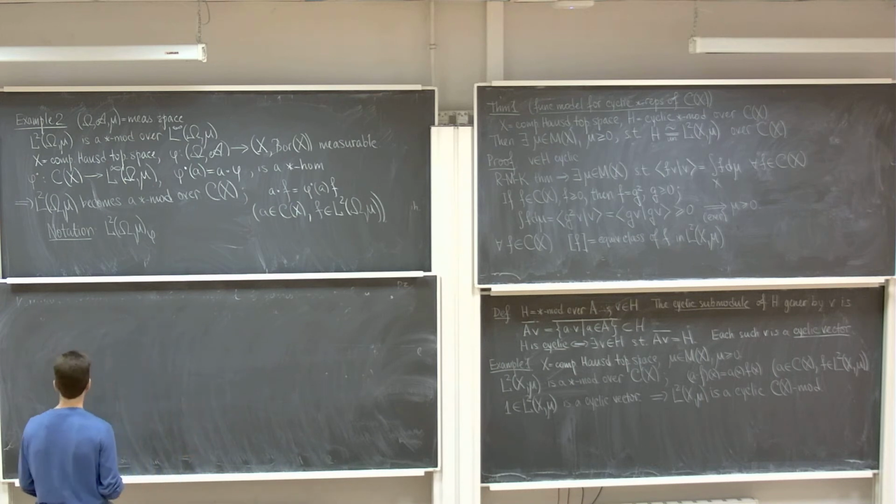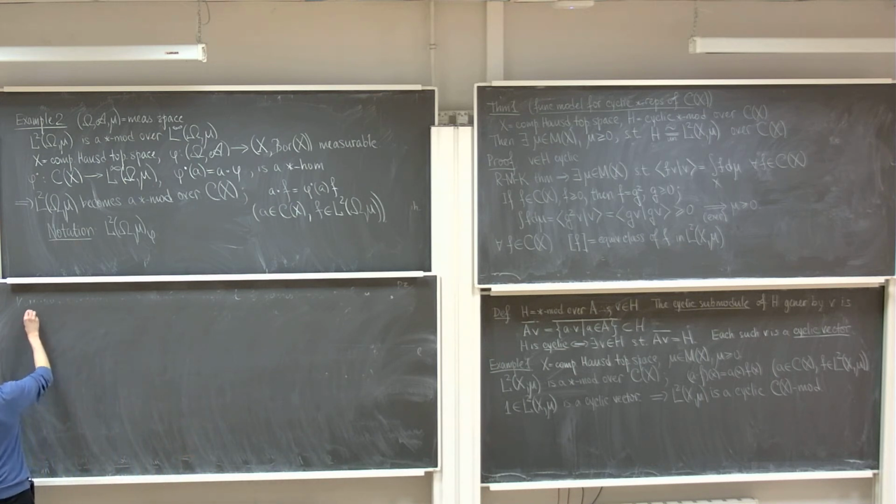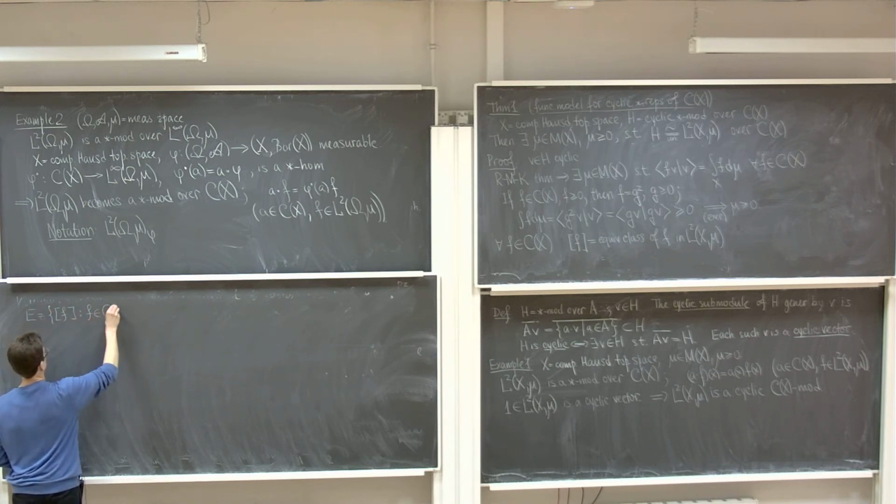And let's now denote by E the set of all such equivalence classes where f runs over C(X).